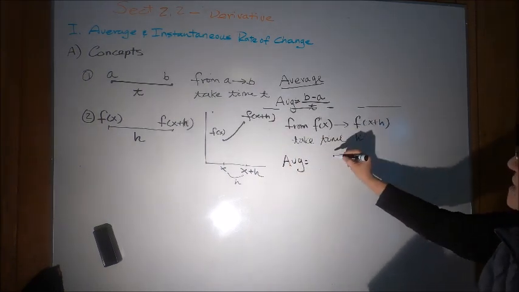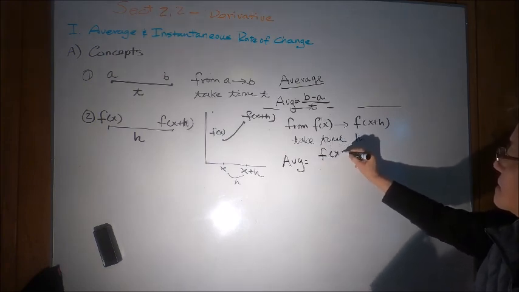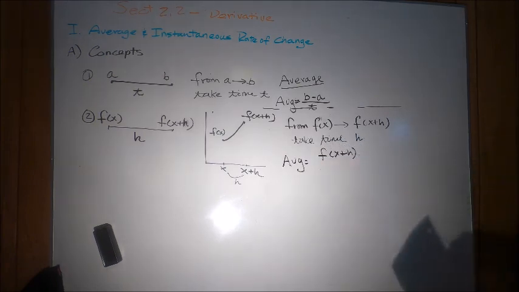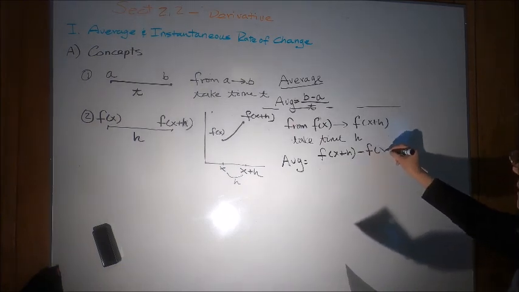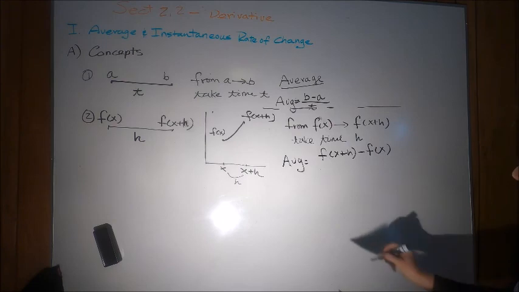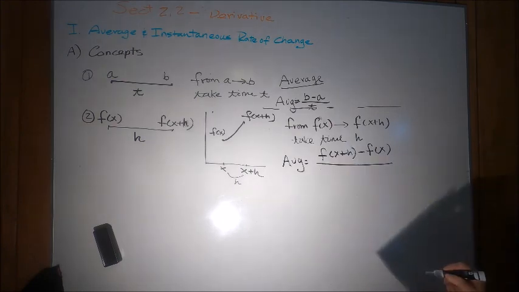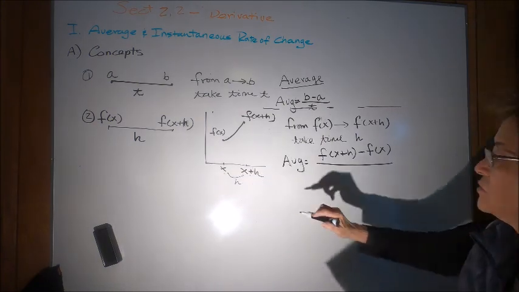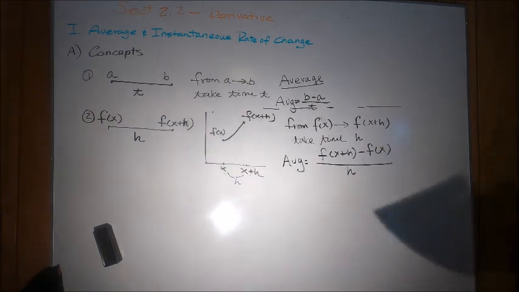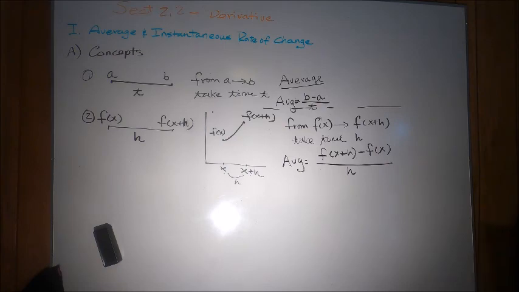The distance is f of the second point minus your starting point, averaged by the time from the beginning to the time you arrive at the second spot.